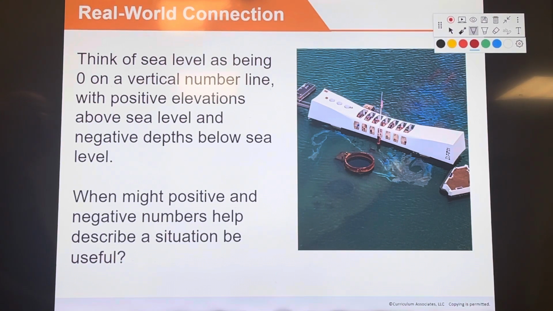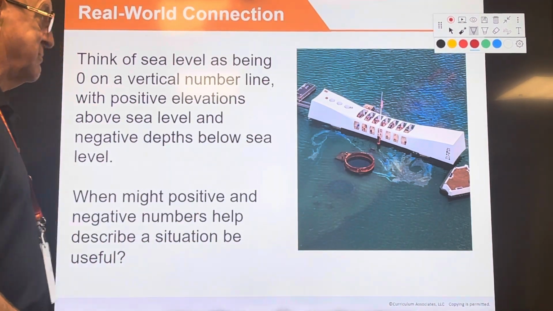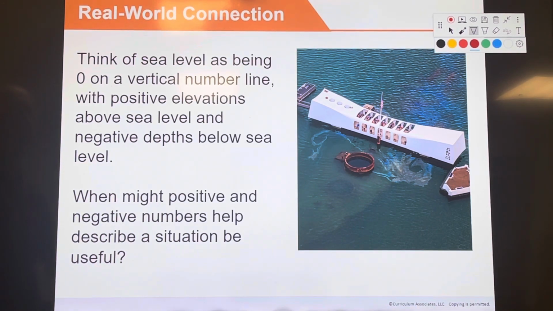All right, so let's think of a real world connection. You guys have heard me talk about this before. This is the USS Arizona Memorial in Pearl Harbor. Think of sea level as being 0 on a vertical line, with positive elevations above sea level and negative depths below sea level.